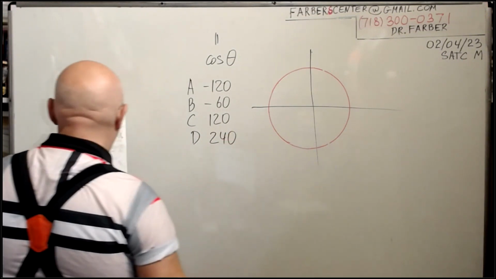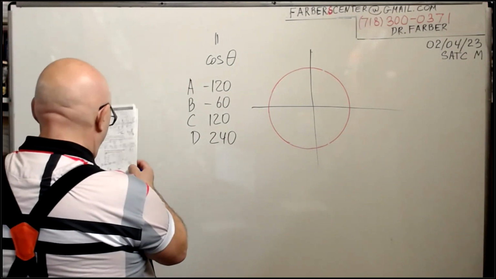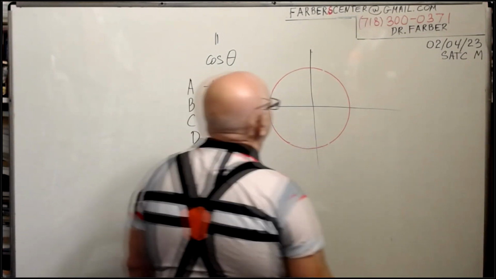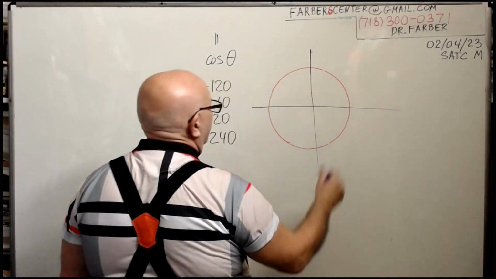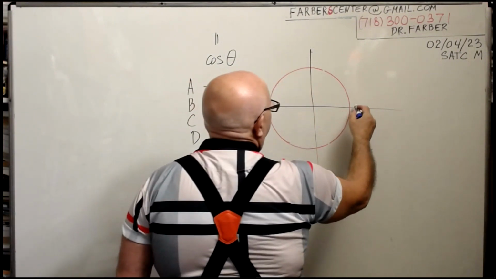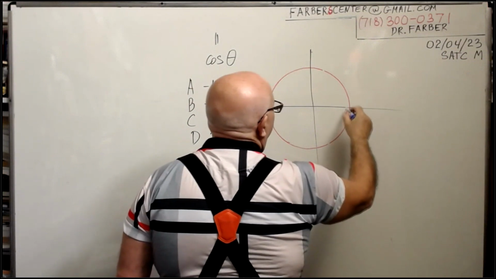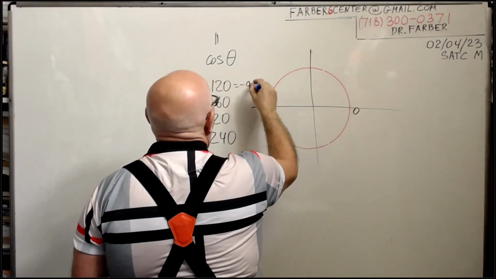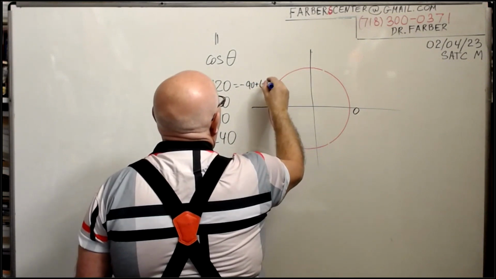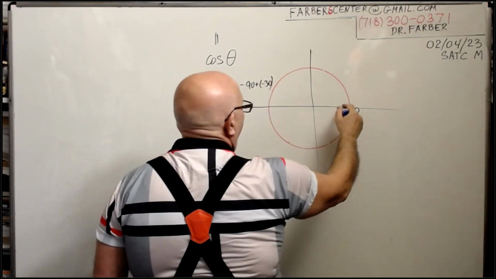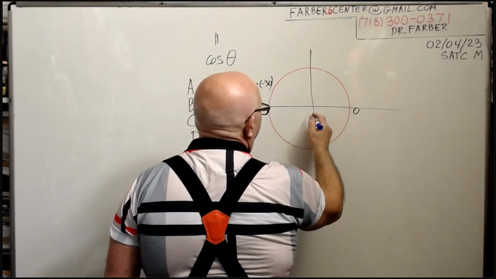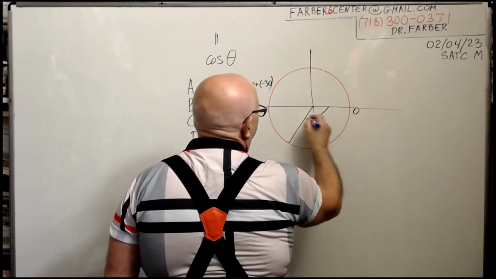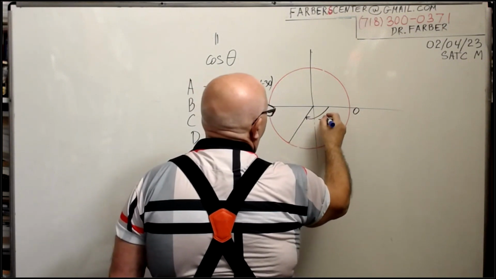Okay. -120. What is negative? You have to go clockwise. So this is starting point 0. What is 120? It is -90 plus -30. I move this way, -90 and plus -30. So this so far is -120.